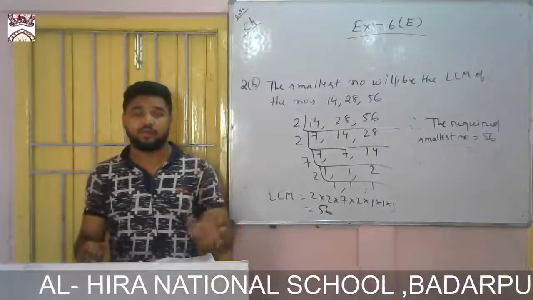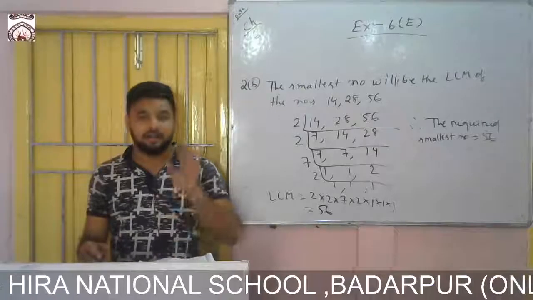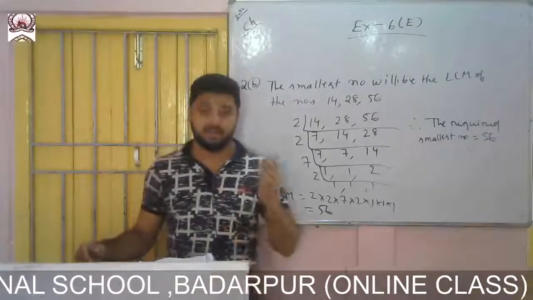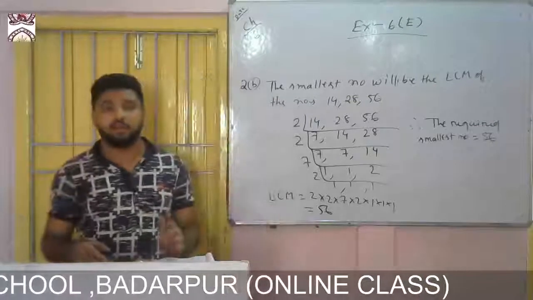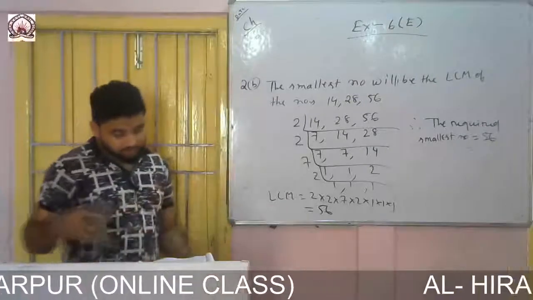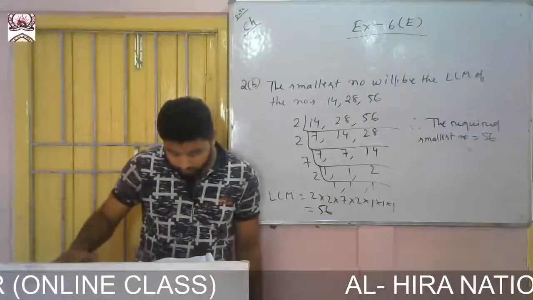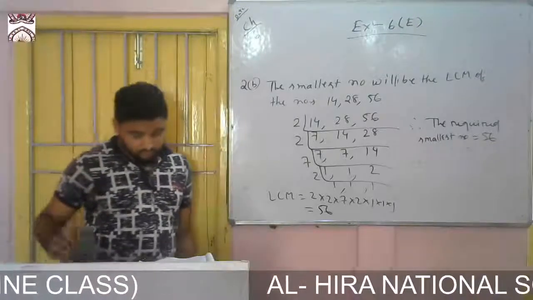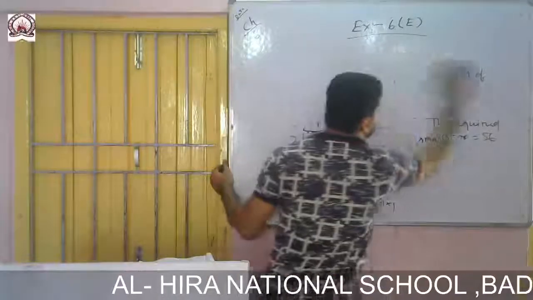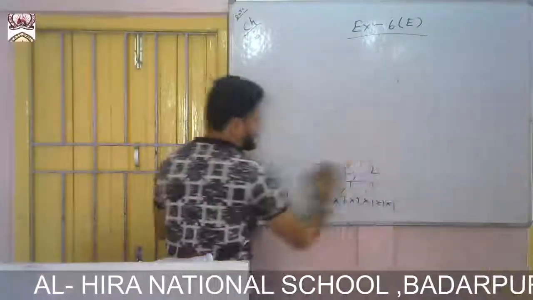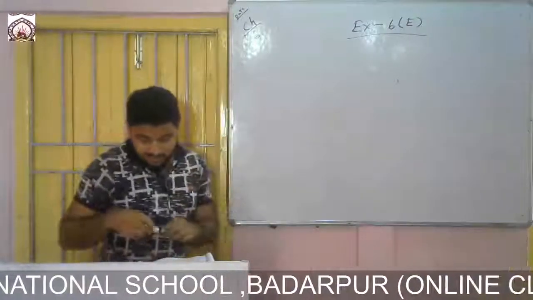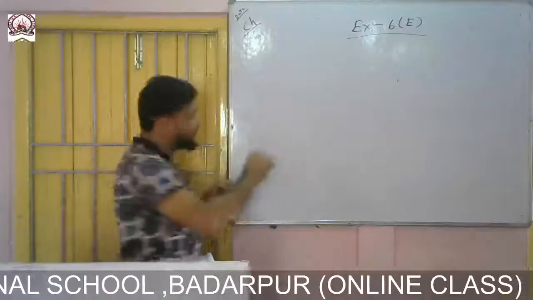So in case of LCM we add 5, and in case of HCF we subtract. In the earlier sum we subtracted. So here we shall add. So write, given the two numbers are 36 and 54.